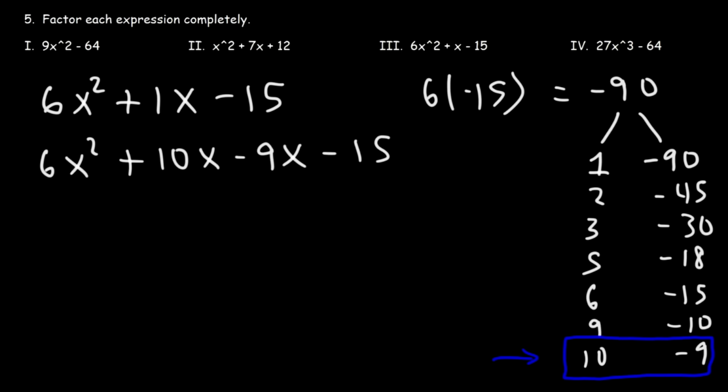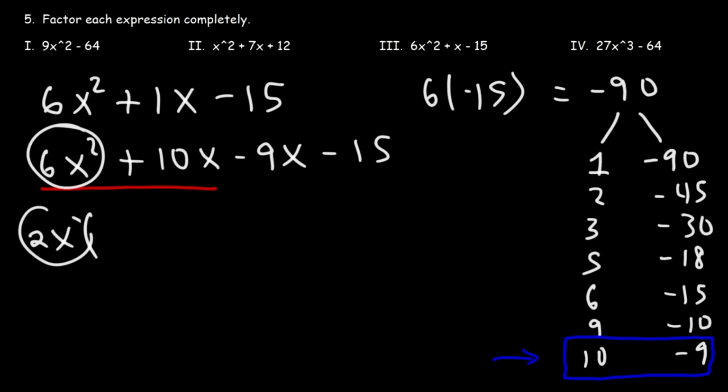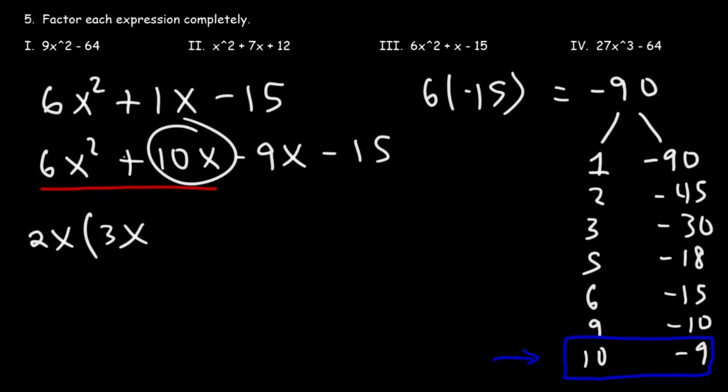Our next step is to factor by grouping. And the way you do this is you take out the GCF, the greatest common factor, in the first two terms. The greatest common factor is going to be 2x. 6x squared divided by 2x is 3x. 10x divided by 2x is 5.